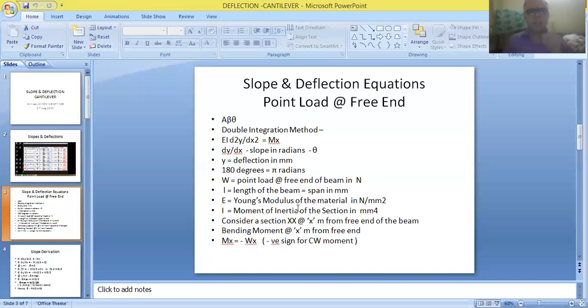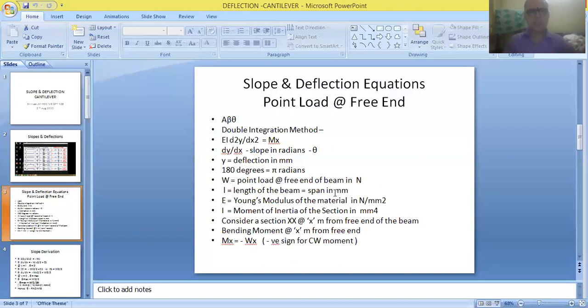Capital E indicates Young's modulus of the material, expressed in Newton per millimeter square. Capital I indicates the moment of inertia of the section, expressed in millimeter to the power of 4. Friends, these are the parameters we are supposed to use for obtaining all these formulas for slope and deflection.